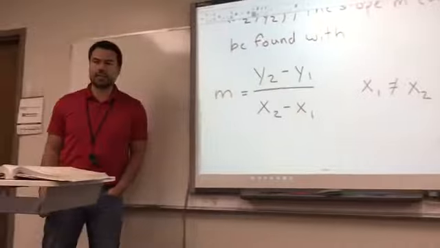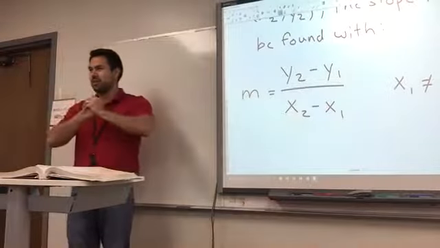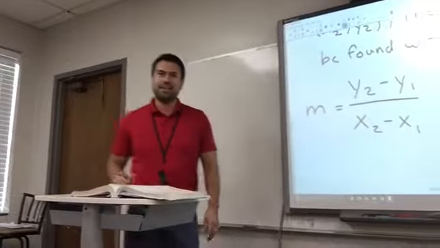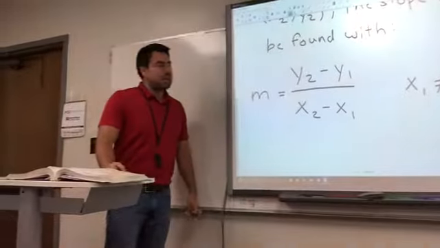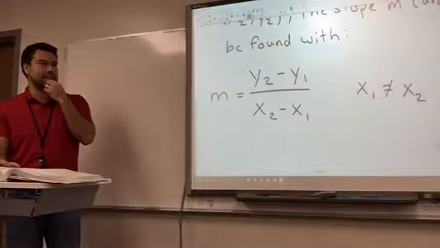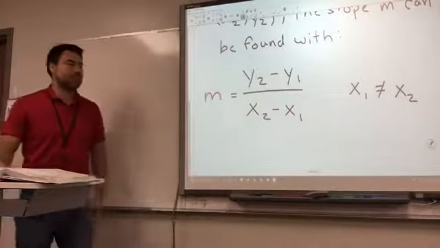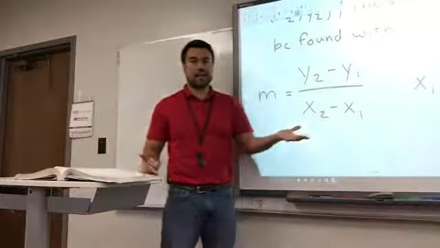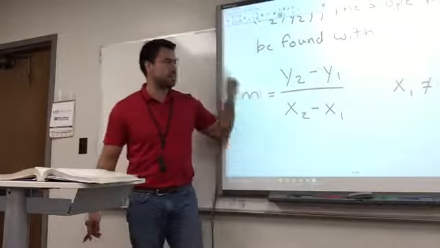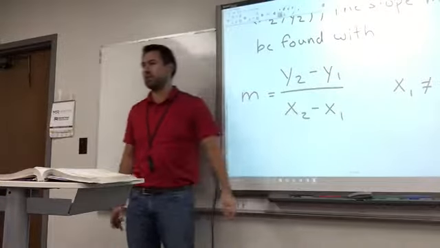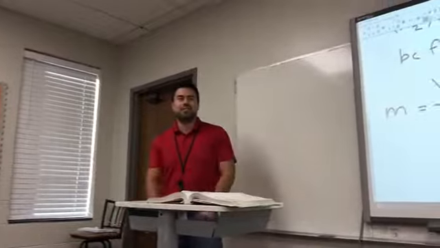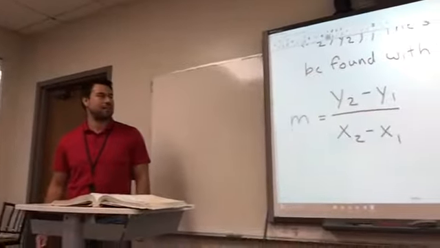And a little note here, x sub 1 and x sub 2 cannot equal one another. Does anyone know why they are not allowed to equal one another? Think of what happens if they did. Eli? Okay, actually, you know what? It's not a function. You're right. It could still be a line, but there's something about this right here that says don't have those two equal one another. Katie?